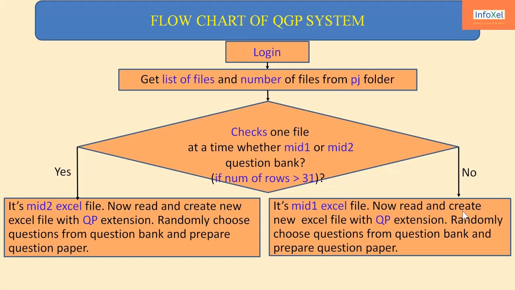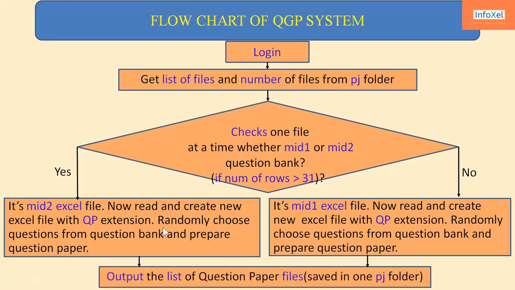Now read and create a new Excel file with the QP extension. Again the QPG system randomly chooses questions from the question bank and prepares the question paper. So the only difference between these two is that here the number of rows is greater than 31, whereas the number of rows for the mid-1 Excel file is less than or equal to 31. But the process for both is the same.